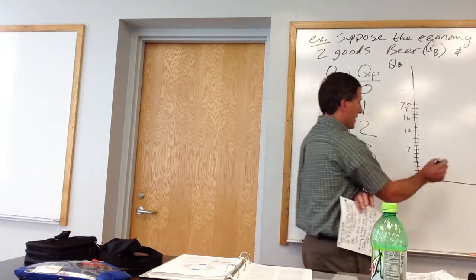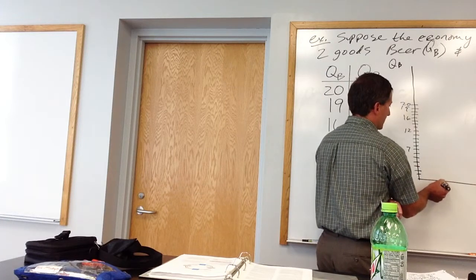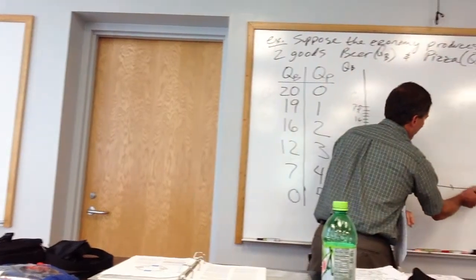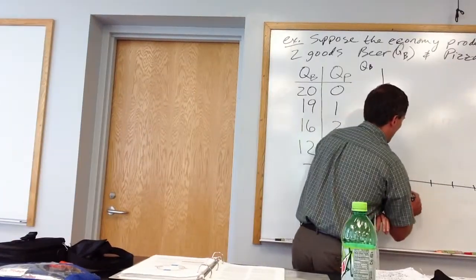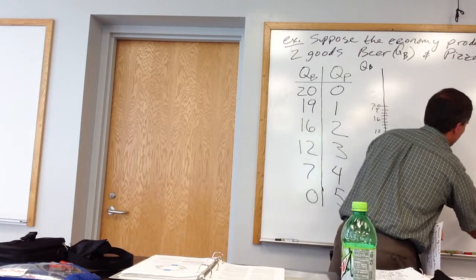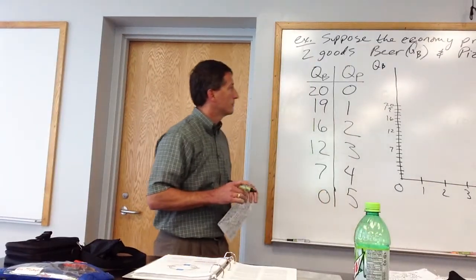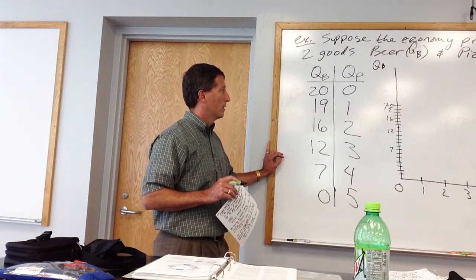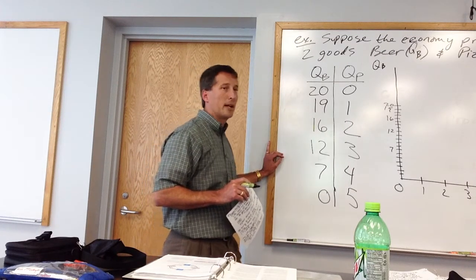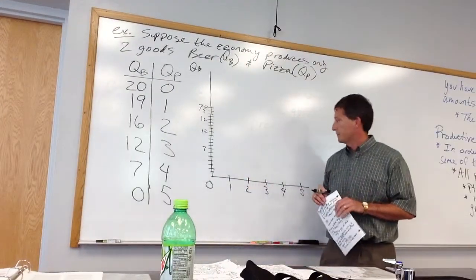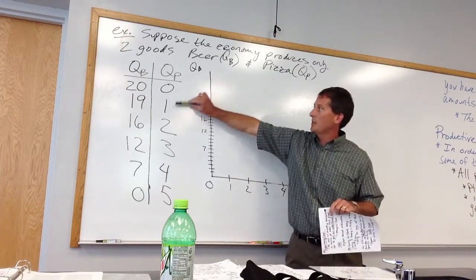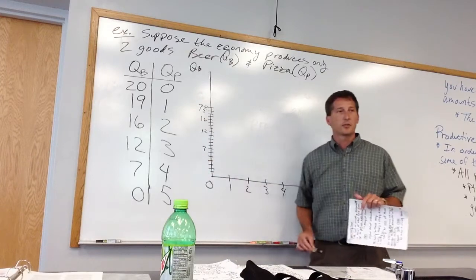And then on the horizontal axis, you can do the same thing. It's no big deal if you space those out a little bit more, though. You can go 1, 2, 3, 4, 5, as long as they're evenly spaced. Okay, now plot those points. So you're going to be plotting each one of these production points.